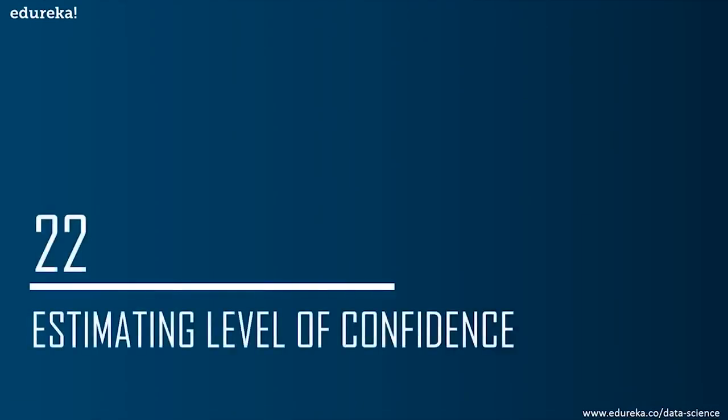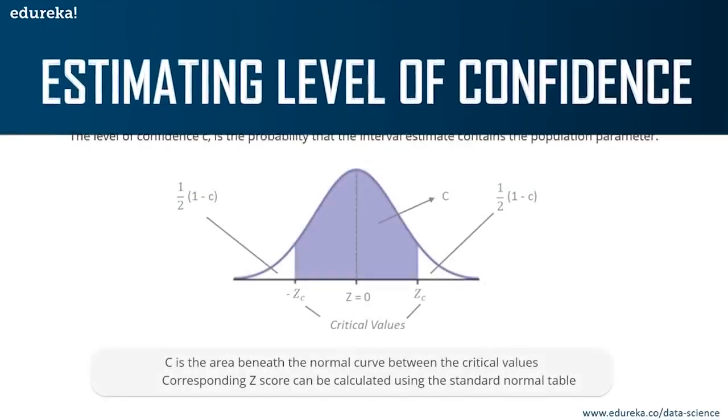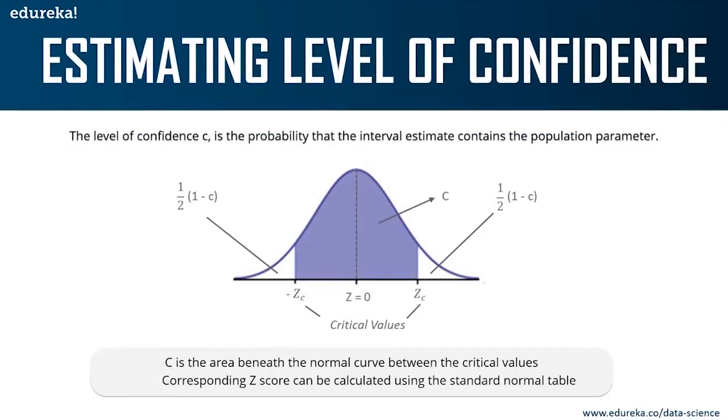Now let's understand how you can estimate the confidence intervals. So guys, the level of confidence, which is denoted by C, is the probability that the interval estimate contains a population parameter. Let's say that you're trying to estimate the mean.